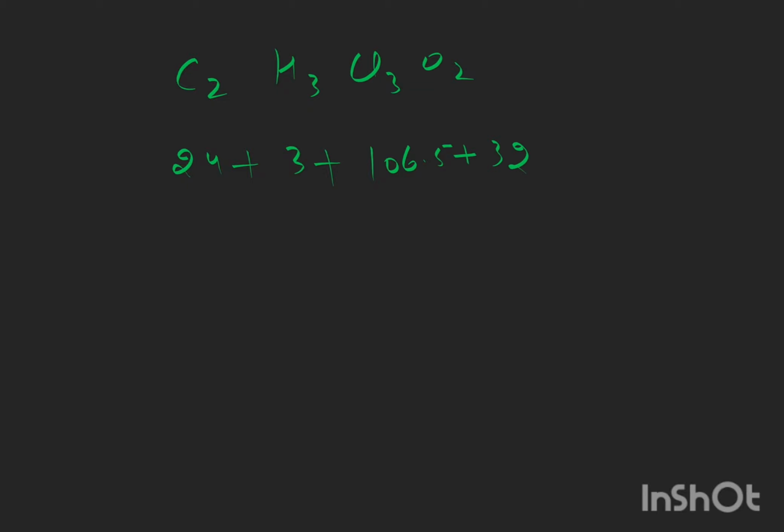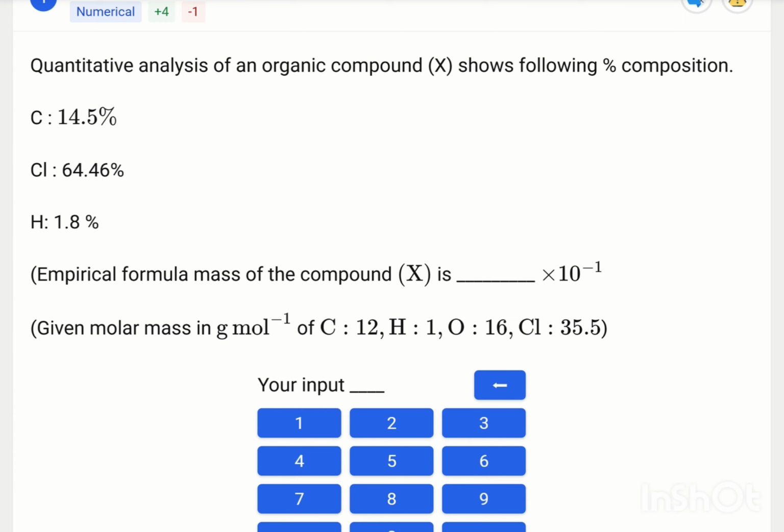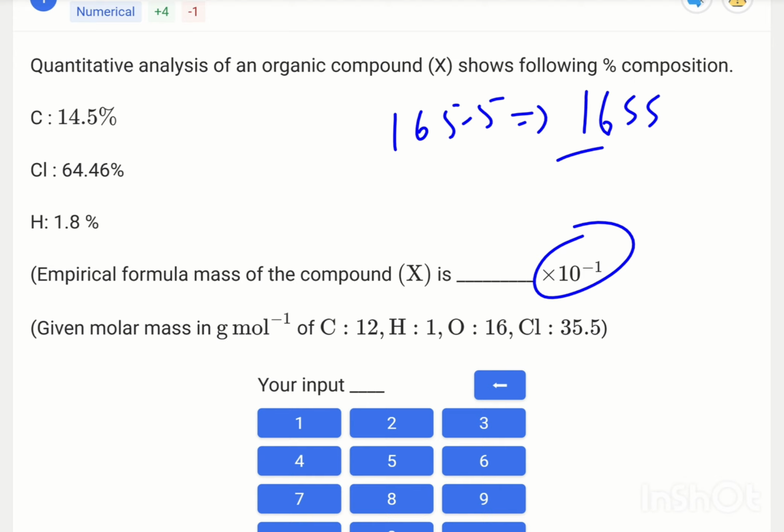So it will become 165.5. How do we have to write it? 10 raised to the power minus 2. So 165.5 I can write as 1655. So my answer will be 1655.